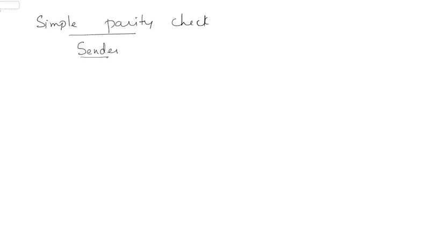At the sending end, we need to transmit the data, and we'll assume that this is the data to be transmitted: 1, 0, 1, 1, 0, 1 and 1. Now the sender, what does it do? It will compute the parity bit.